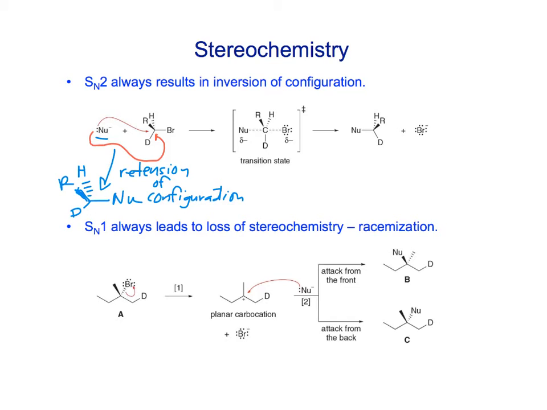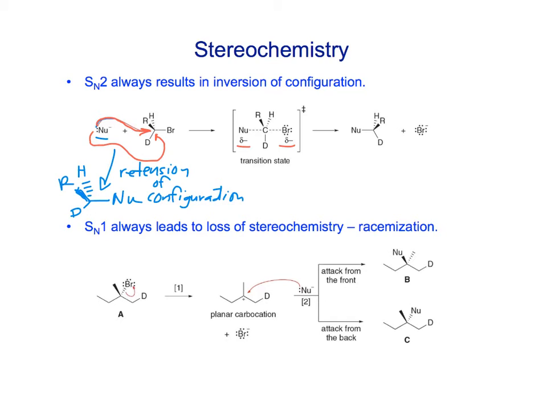The other way that this reaction could take place would be with the nucleophile attacking from the side opposite of the leaving group. If this happens, we go through a transition state where we have the nucleophile attacking here, the bromide leaving on the other side, and as the bromide comes off, the stereochemistry inverts.